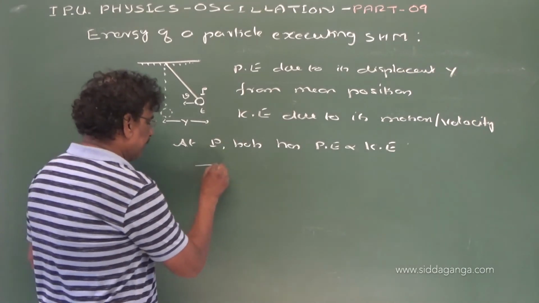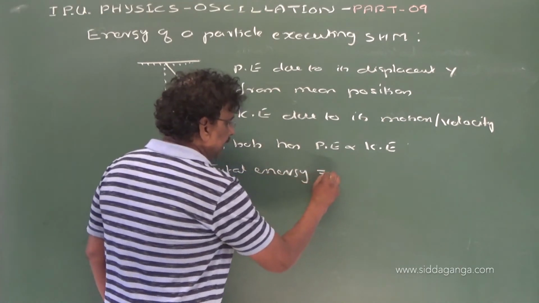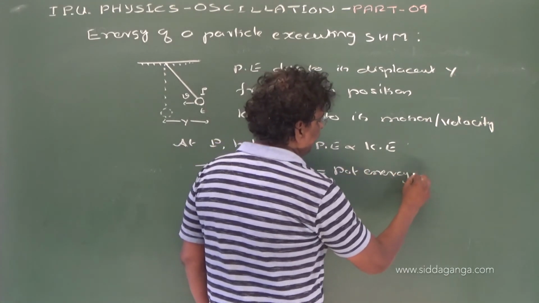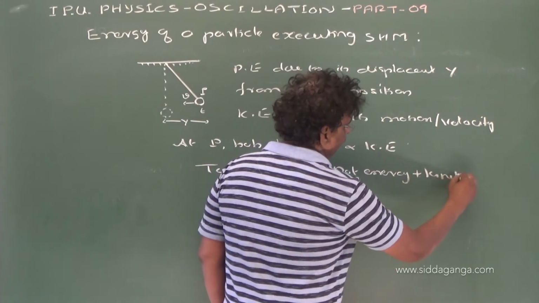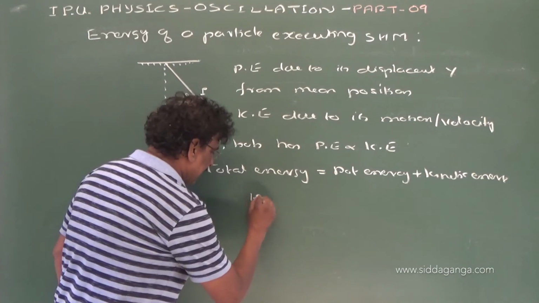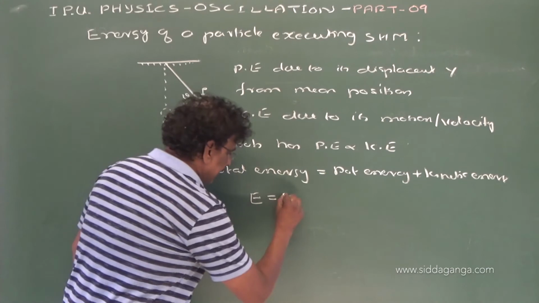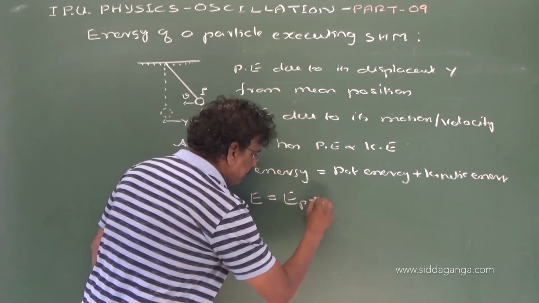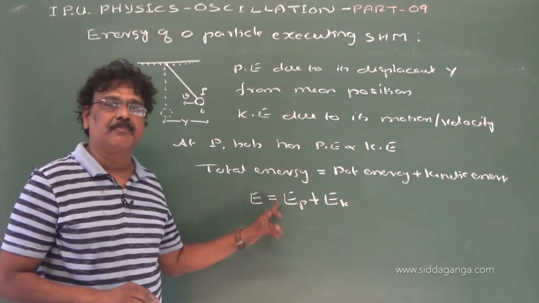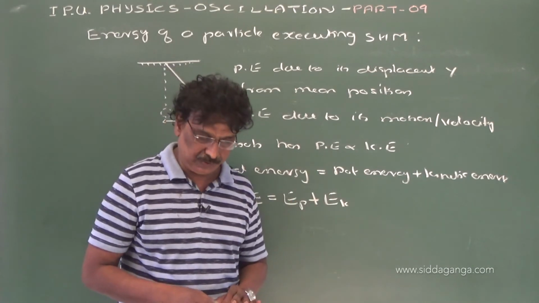And here the total energy is equal to the sum of potential energy and kinetic energy. If we represent the total energy of simple harmonic motion as E, then that is equal to EP plus EK. Here EP means potential energy, EK means kinetic energy.